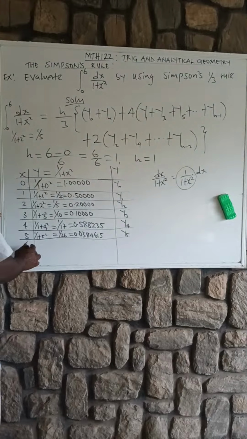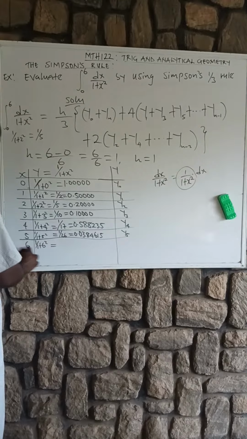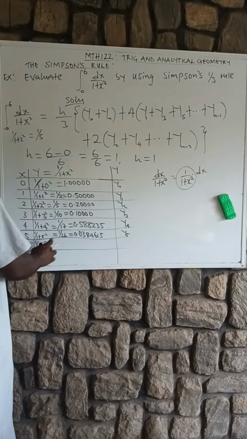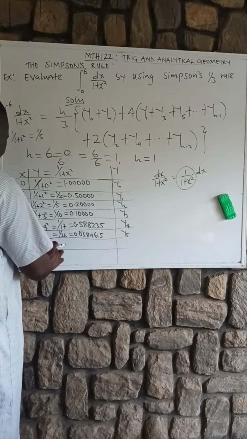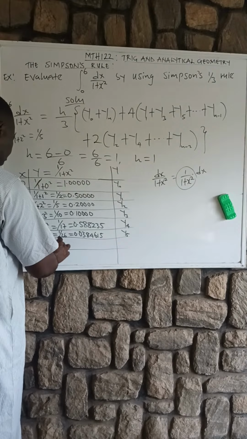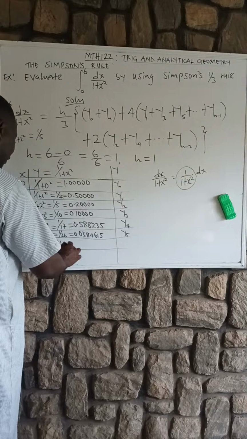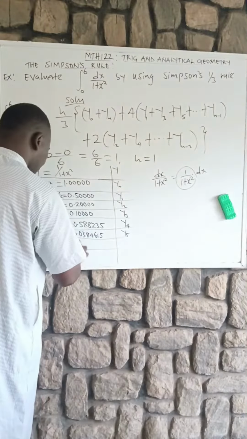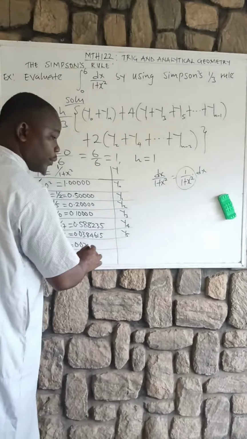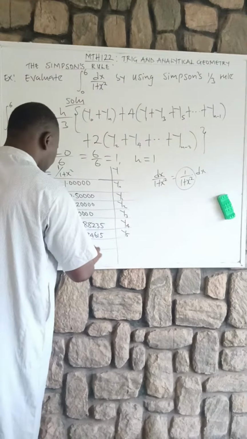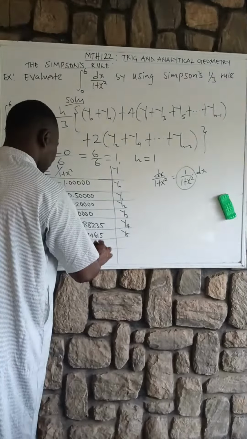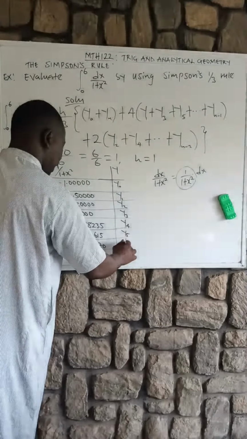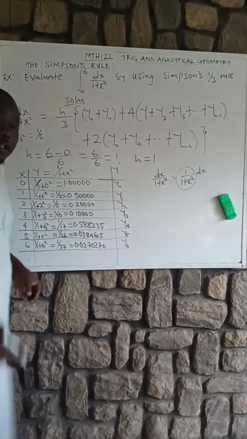Then the last but not the least is 1 all over 1 plus 6 squared, which is 36 plus 1, 1 all over 37. So here we are going to have 0.02702. This is y6.